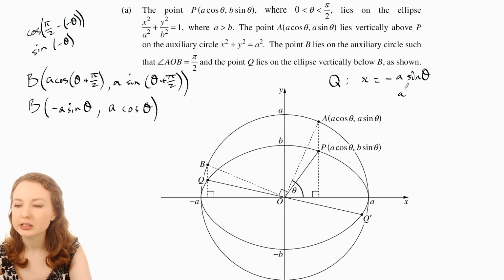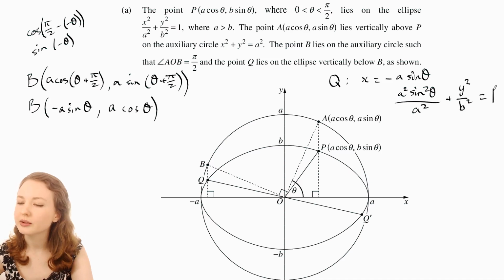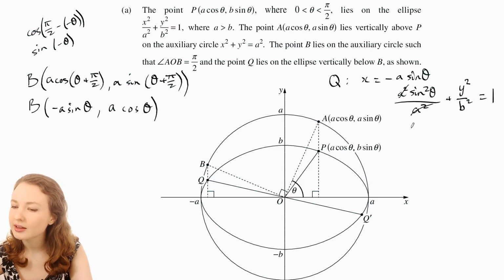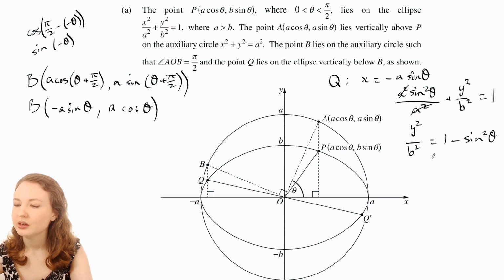So we've got A squared sine squared theta on A squared plus y squared on B squared equals 1. So those cancel, and then we can move that over the other side since we're solving for y, and we get y squared on B squared is 1 minus sine squared, which is cos squared theta.